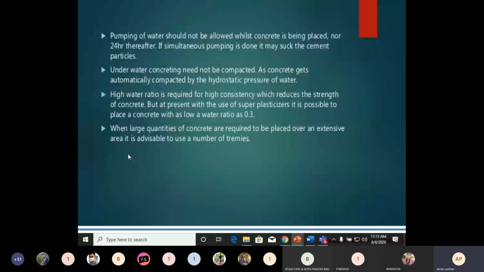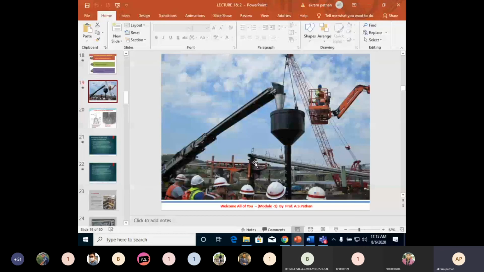When a large quantity of concrete is required to be placed over an extensive area, it is advisable to use a number of tremies. So we can use a number of tremies here. Suppose you want to construct one pier here, another here, you can make a certain arrangement, and you can change this pipe. The diameter will also change.